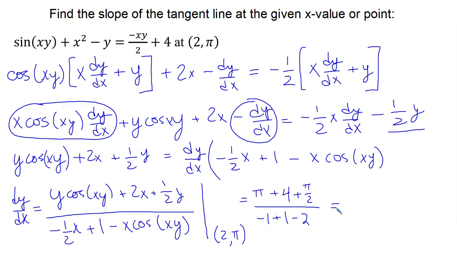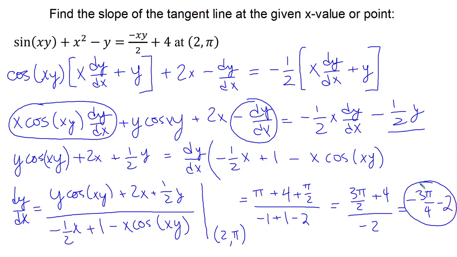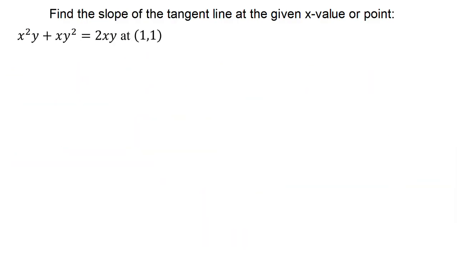Well, that'd be 3 pi over 2. So it looks like we're going to have a 3 pi over 2 plus a 4 divided by negative 2, which should be negative 3 pi over 4 minus 2. And that should be our final answer there for number 17.